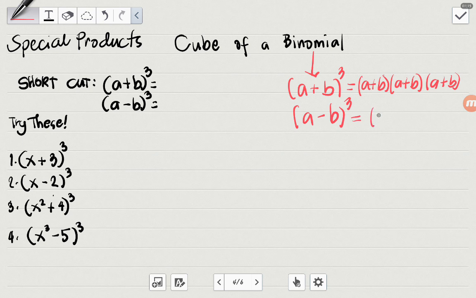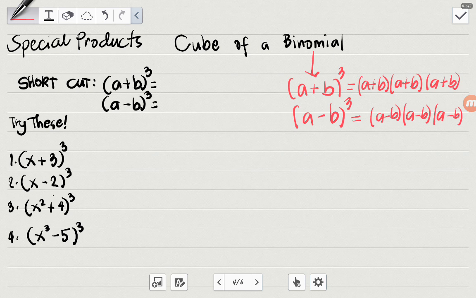And you also have a minus b times a minus b times a minus b for cube of a minus b. Okay, so hahanapin natin yung pattern ng cube of a plus b at cube of a minus b para madali na lang masagutan ang any cube of a binomial tulad ng mga to.